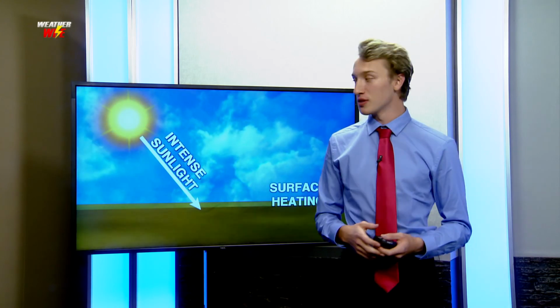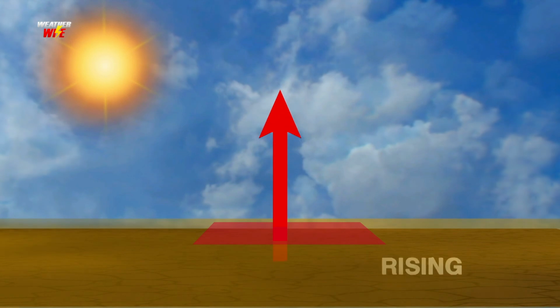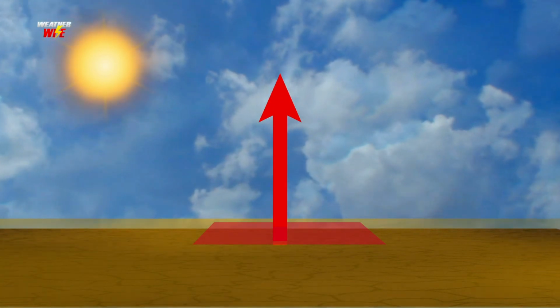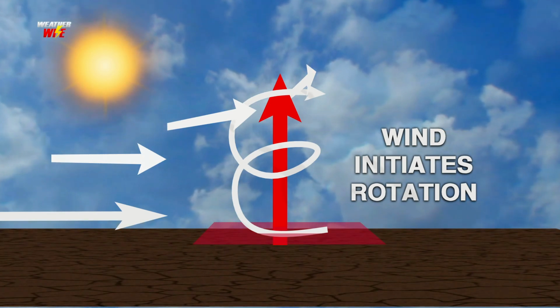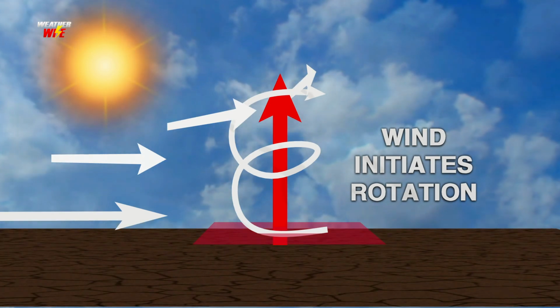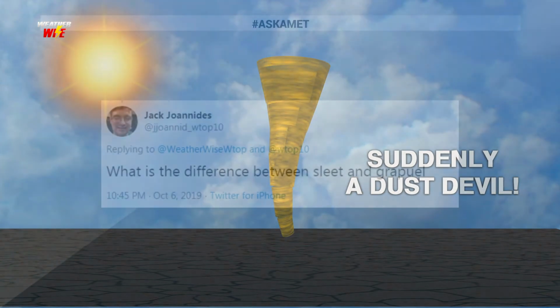Now that small portion is going to be warmer than everything else. We're going to have warm air in that area that starts to rise, and it starts to rotate. And when it rotates, it's going to pick up any dust or sand, any debris that's at the surface, and then that's how you're going to get that nice dust devil shape.